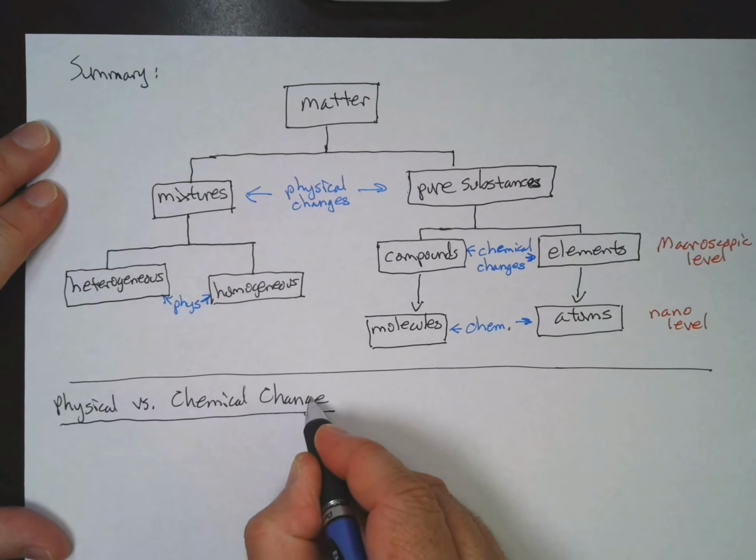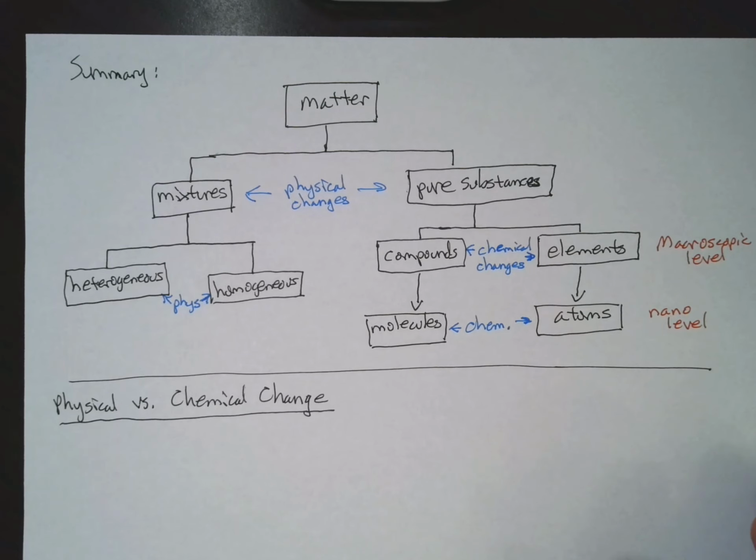And this will wrap things up. So a physical property is a characteristic of matter that is not associated with it changing composition. So these are things like density, color, melting point, boiling point, because melting and boiling are physical changes.